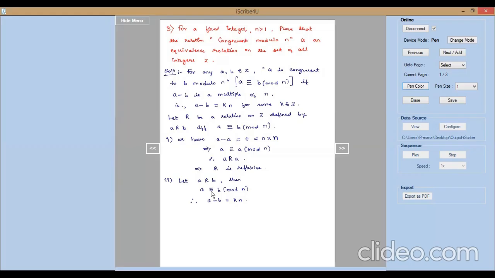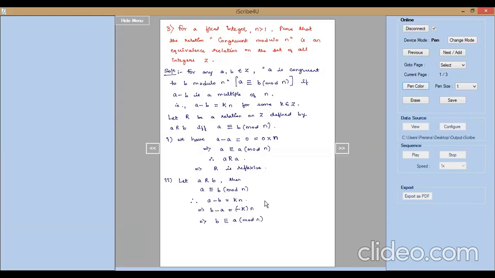So I take out a minus sign and push it to the RHS. So B minus A will be minus K into n.